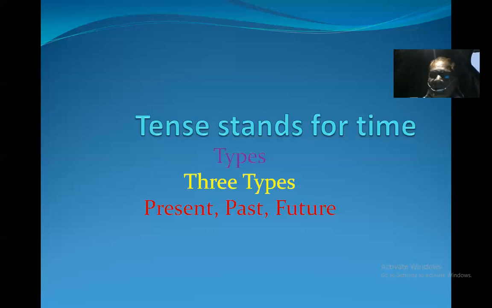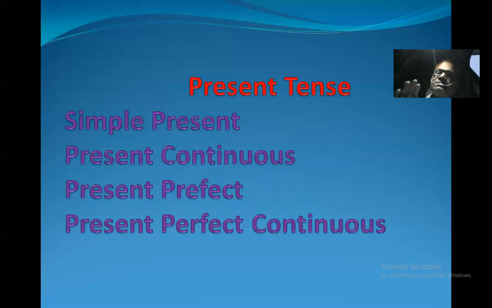Once again, the present tense, the time which is at the moment of speaking, is divided into four types: simple present tense, present continuous, present perfect, and present perfect continuous. Simple present tense has a wide variety of use.